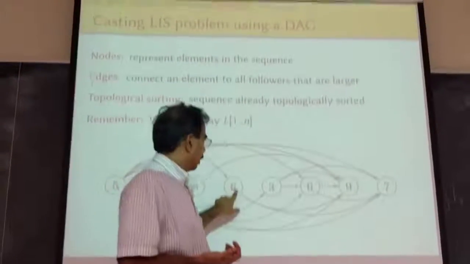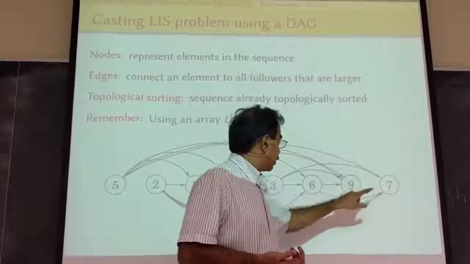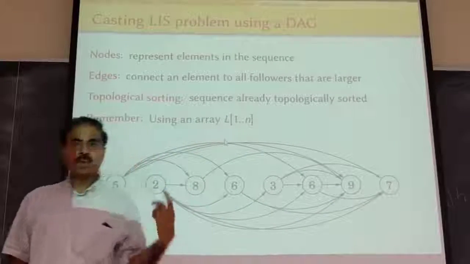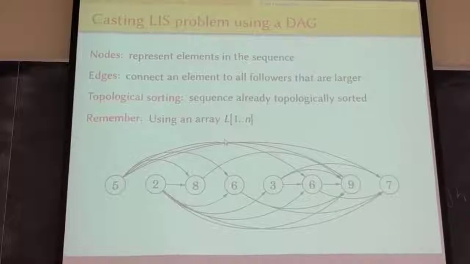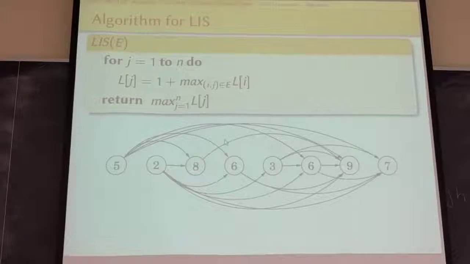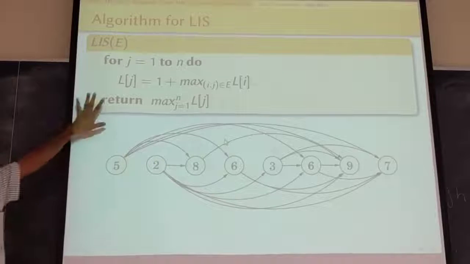Similarly for 6, the greater numbers are 9 and 7. So we construct a graph like this, and now on this graph, we can define the longest increasing subsequence problem. It's a very simple problem, right?